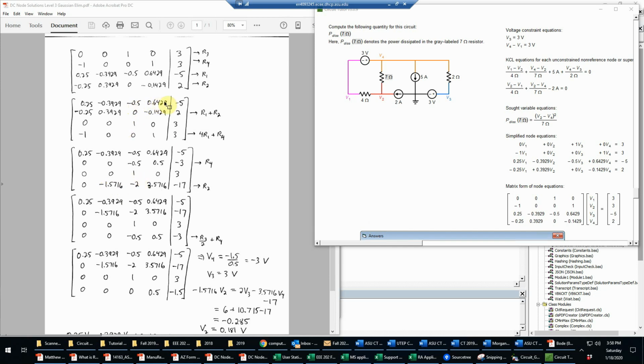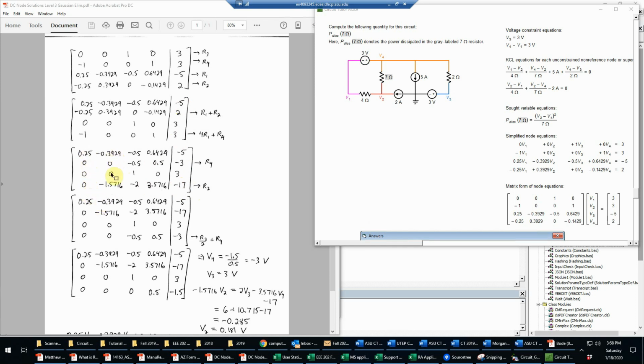And then the 0.6429 times 4, and then add that to 1. If we do that on a calculator, that works out to be 3.5716. And finally, for the constants, minus 5 times 4 is -20, plus 3 will, of course, give us -17. So that completes the operation here, and now we have the first column taken care of.